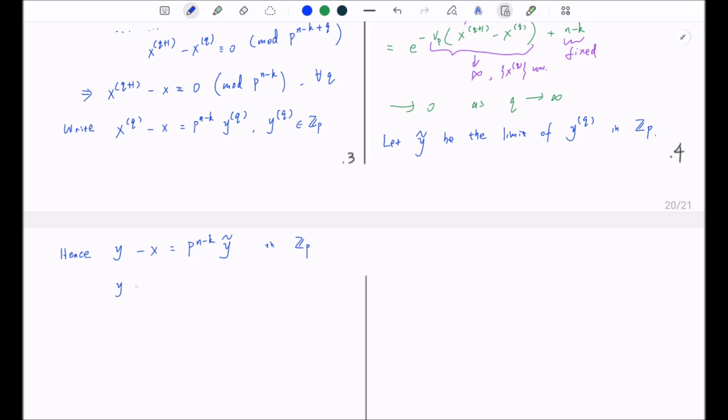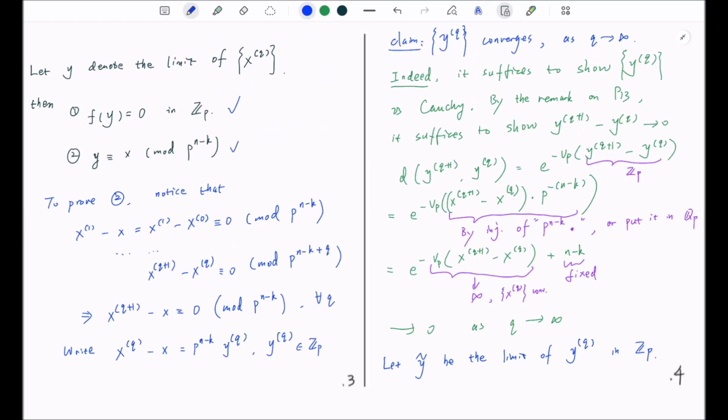Therefore, y is congruent to x modulo p to the power n minus k. The difference is divisible by p to the power n minus k. And this verifies the second conclusion. And this finishes the proof of this theorem for the m equal to 1 case.